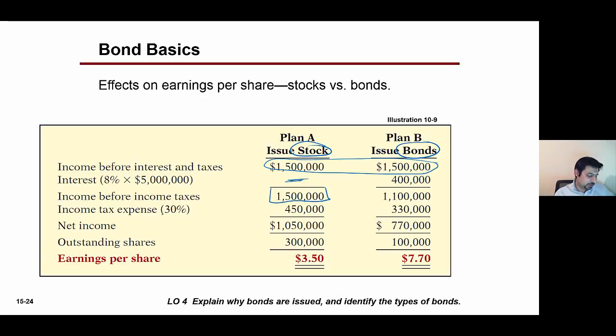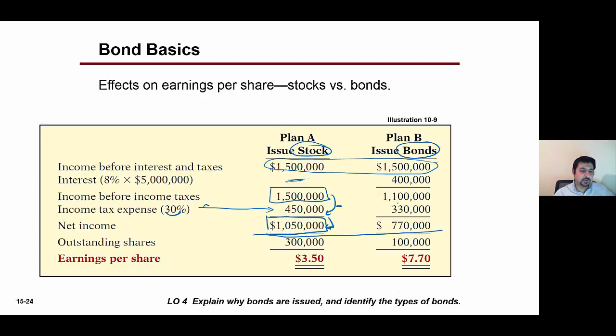Let's say that income tax is 30%. That would lead to taxes of 450,000. Net income in this case will be the difference between the two, and as a result the net income here is 1,050,000.